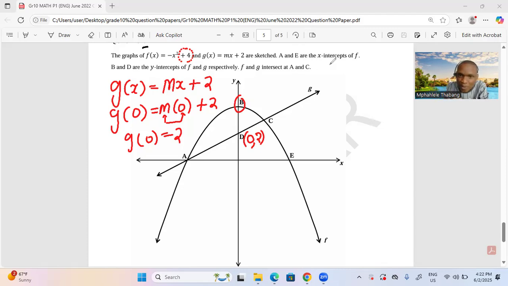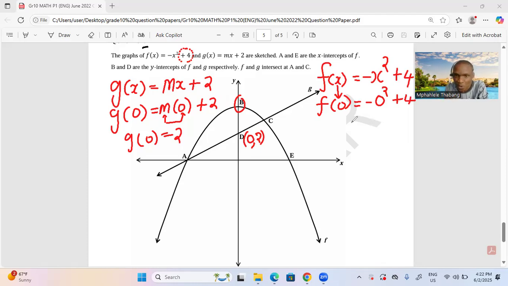So f of x, I let x be 0 because I'm looking for the y-intercept. 0 squared is 0, so you are left with 4. F of 0 is 4. So you see that the y-intercept of F is 4. So the coordinates of B are (0, 4).